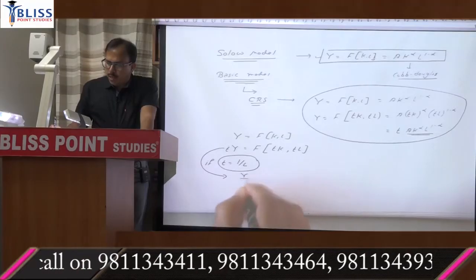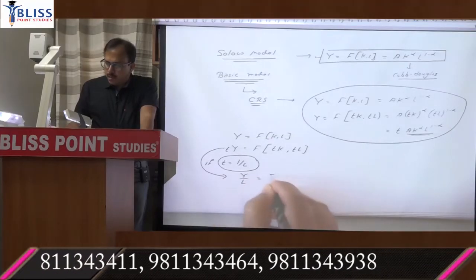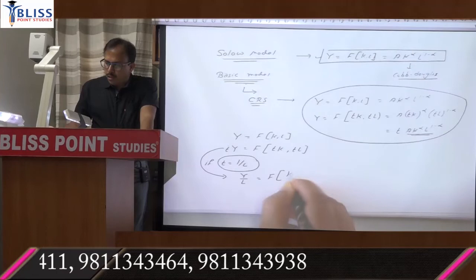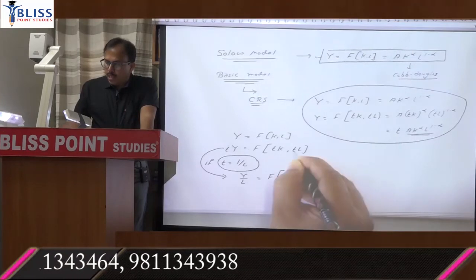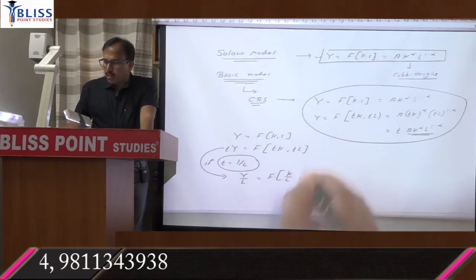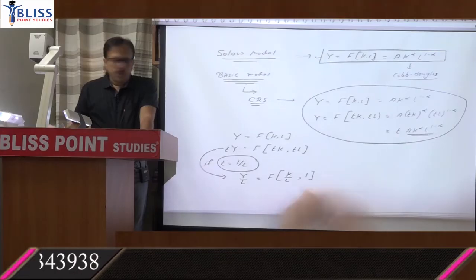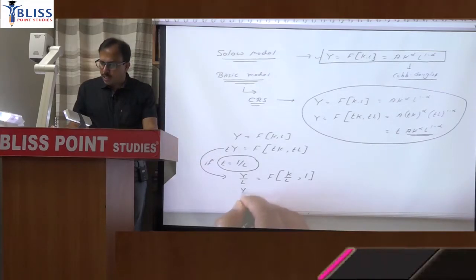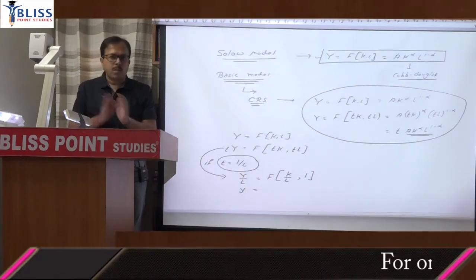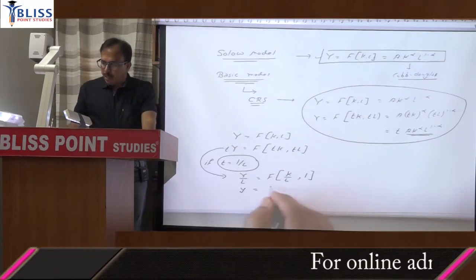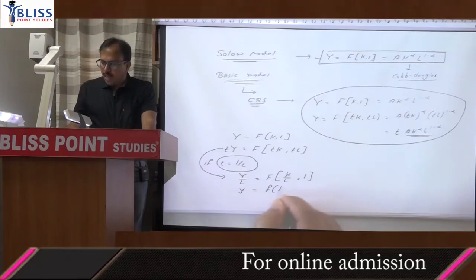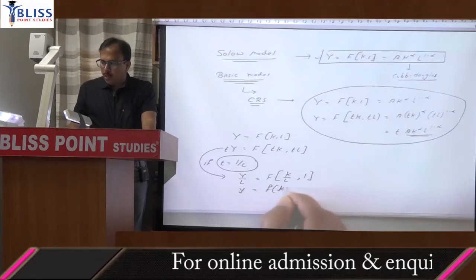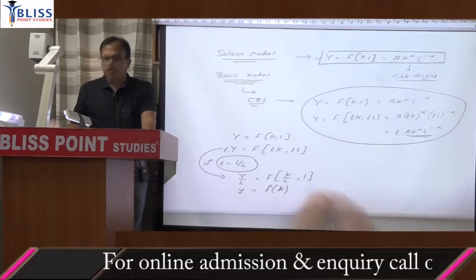It will become y by L, a function of k by L, and the 1 by L on the inputs becomes one constant number. And what is y by L? Y by L is GDP per capita, denoted by small y, and k by L is capital per capita, denoted by small k, and ignore that constant number 1.